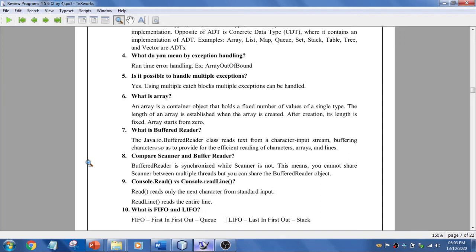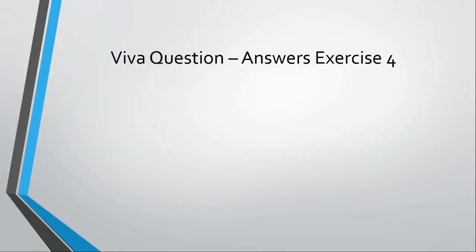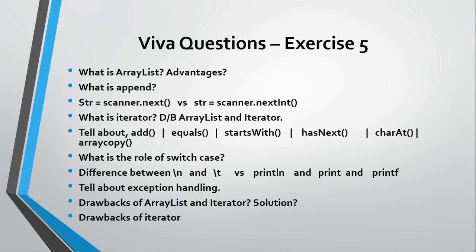Alright, so I'm going to move to the questions for exercise number 5. These are all the expected Viva questions for string operation using ArrayList. Just go through all these things. You should know what is append, what is ArrayList, and the advantages; I have explained them in the video, so just go through the video once again.